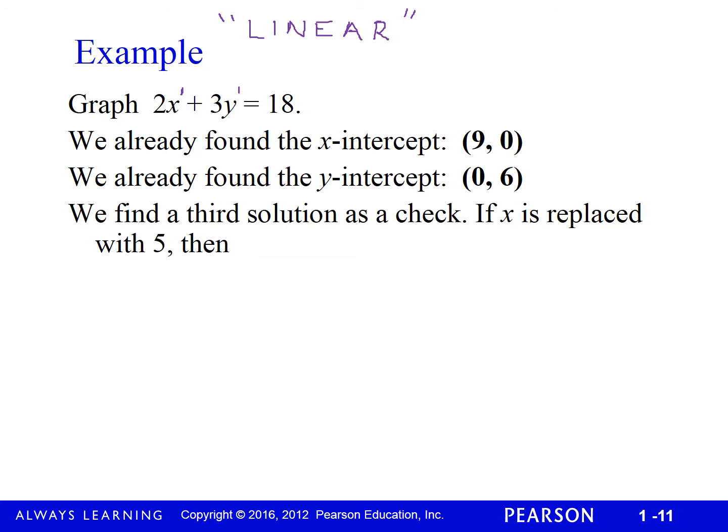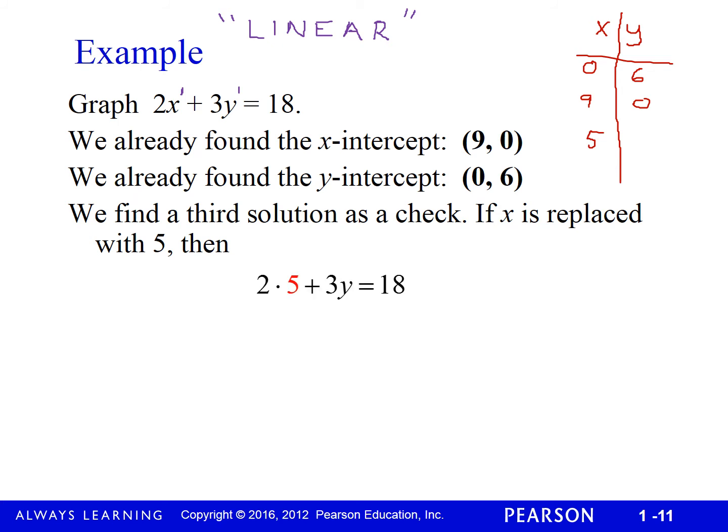We put 5 in there for x. Okay, so here's our intercepts chart right here. And if you're just going to get the intercepts, this is what you're getting. So we got (0, 6), we got (9, 0), but let's get a third point in there, (5, something). Put 5 in for x and see what we get for y.